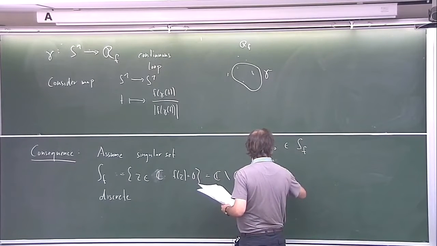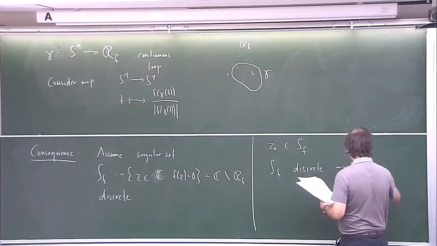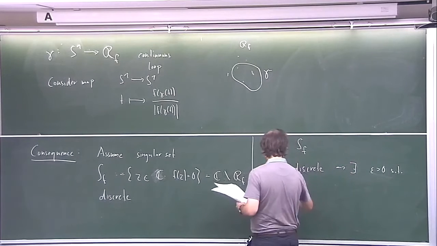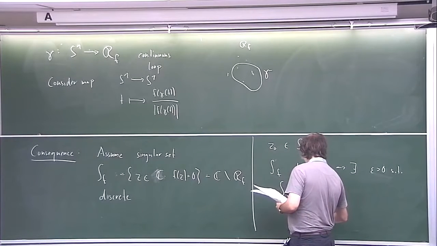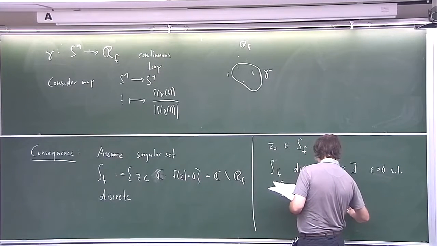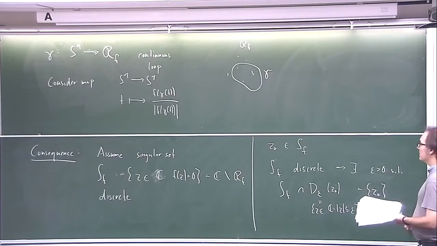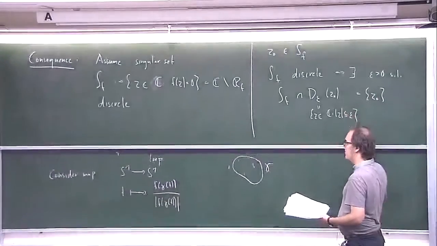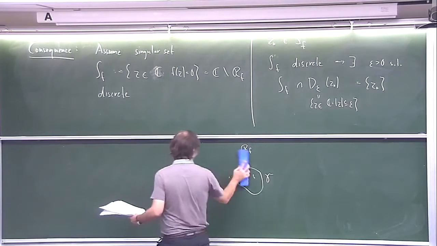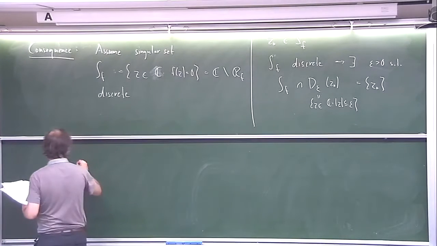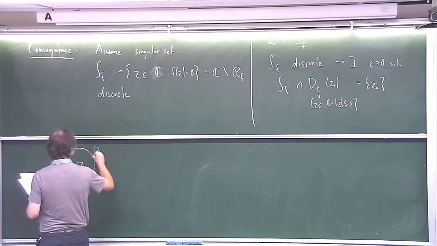It follows that there exists some epsilon bigger than 0 such that SF intersected with the closed epsilon ball around Z0, the z in C such that |z - Z0| is less than or equal to epsilon, has Z0 as the only singular point in this epsilon ball. There's Z0. So we have here epsilon.